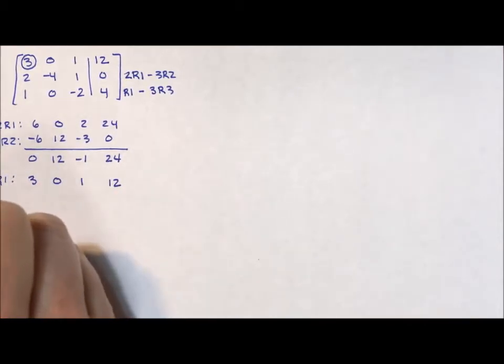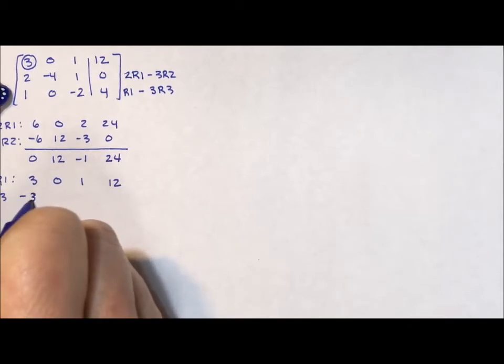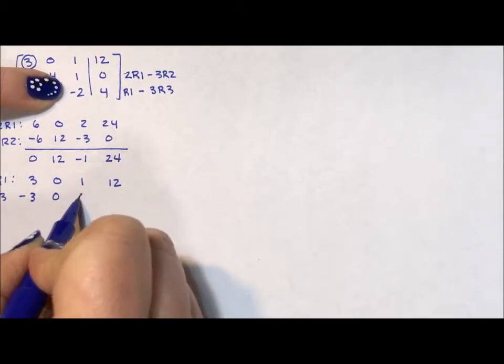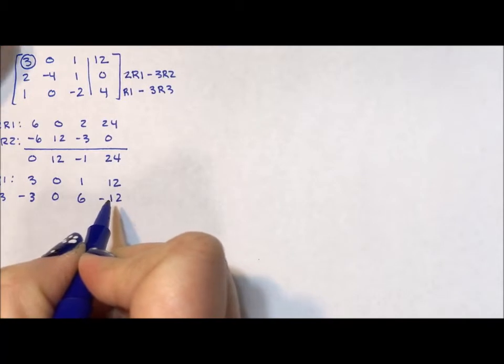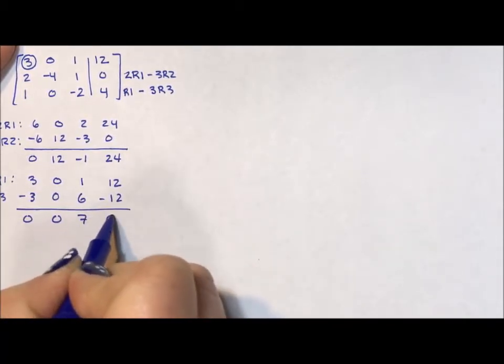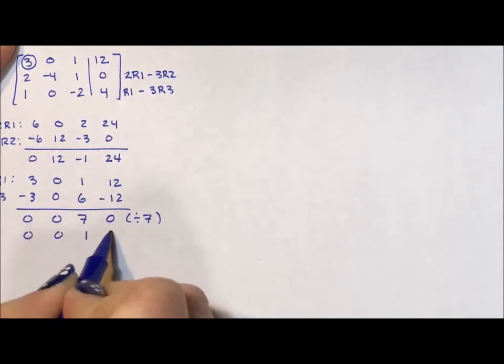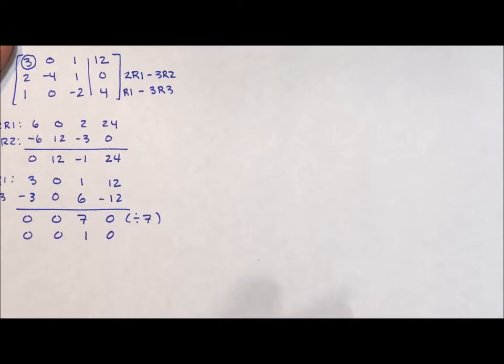I'm going to do negative 3 times row 3, so negative 3, 0, 6, negative 12. I'm going to add down 0, 0, 7. Ha ha ha. This is a beautiful one. 0, 0, 1, 0.